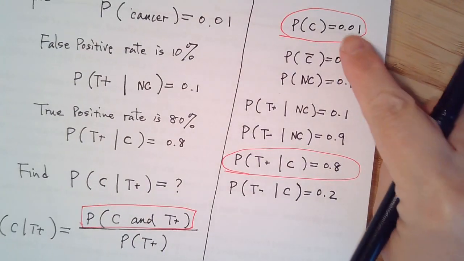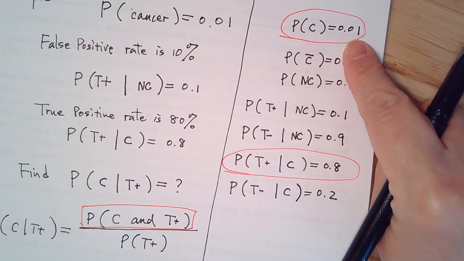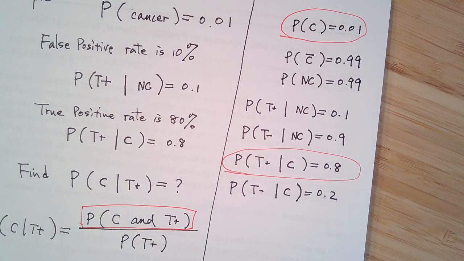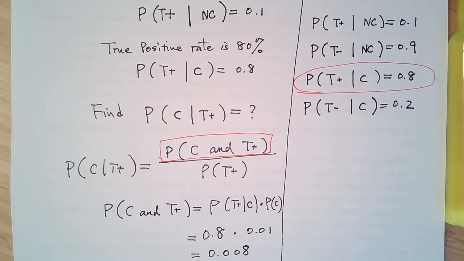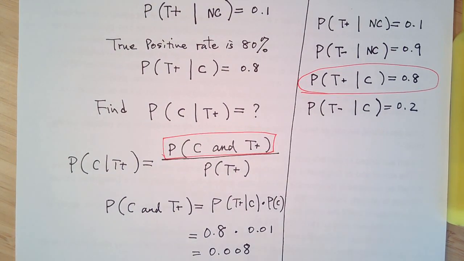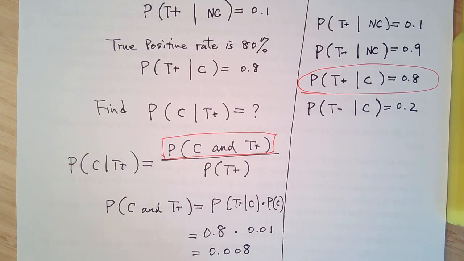All right. Now, let's see, what do we know? If someone has cancer, the chance is, let me grab a different color. I can use yellow. Okay. So we can find the probability of no cancer. We need to find this, but the test positive, we don't really know.